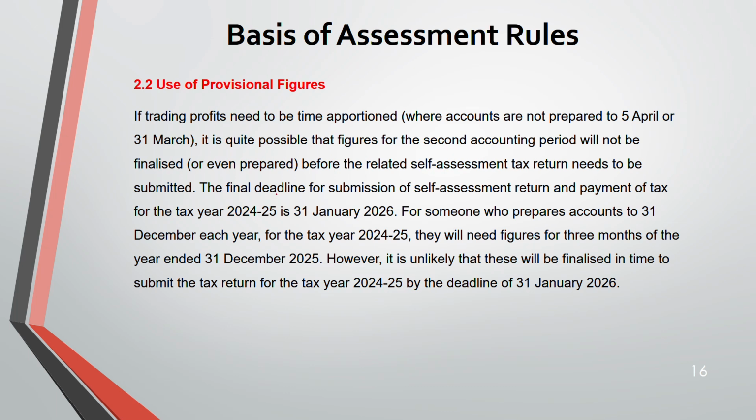Okay, so the final deadline for the submission of the self-assessment return and payment of tax for 24-25 is 12 months after the filing date, that is 31st Jan 2026. Someone who prepares accounts to 31st December, okay, they will need figures for the 3 months of the year ended 31st December 2025. Why?